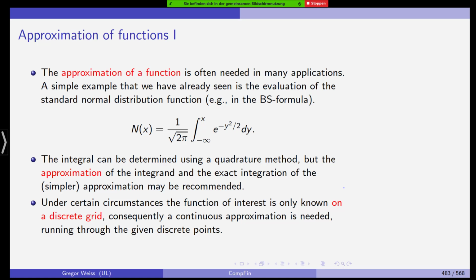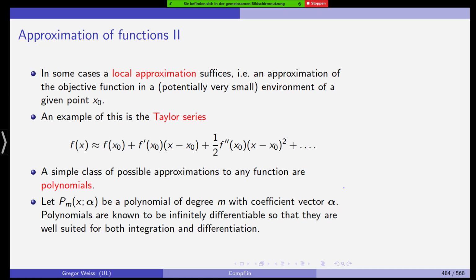It might be easier to substitute the function by a simpler function and then integrate exactly. Under certain circumstances, the function of interest is also only known on a discrete grid, and consequently a continuous approximation is needed running through the given discrete points. Also, in some cases, a local approximation will suffice.